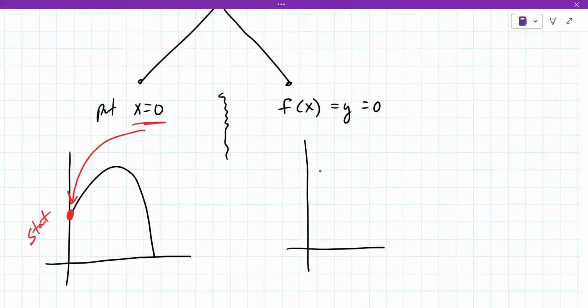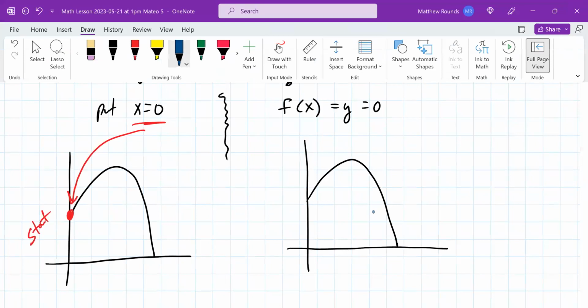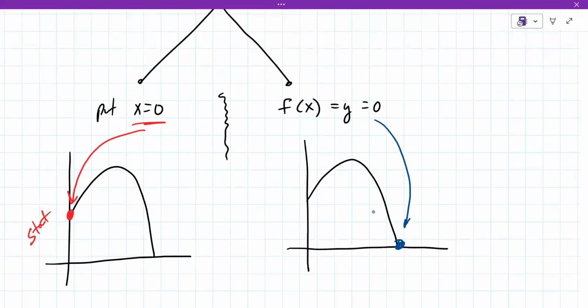And when you set the whole thing equal to 0, you're getting where it terminates, where it stops, where it hits the ground, hits the water. Is that okay? Okay.